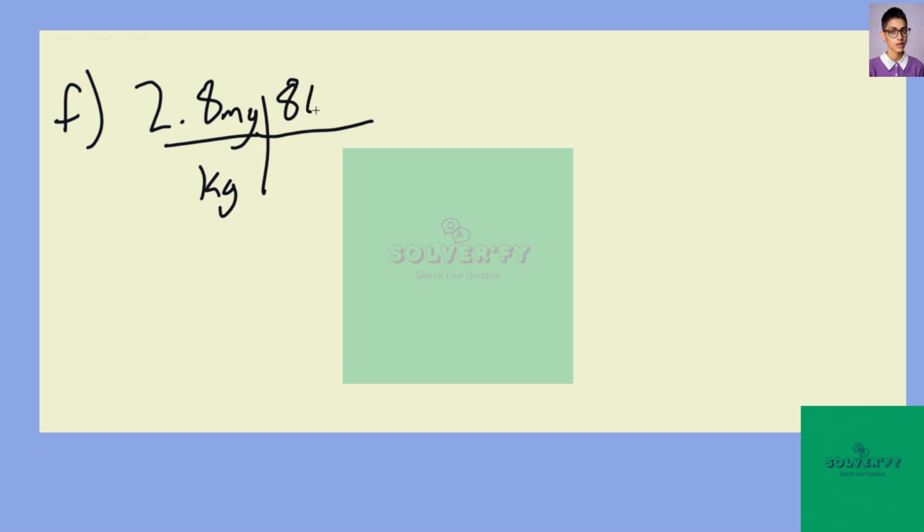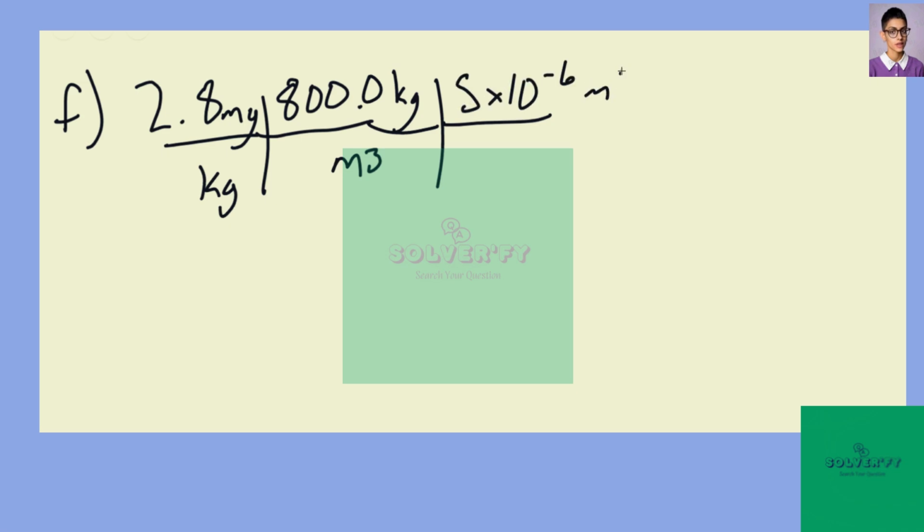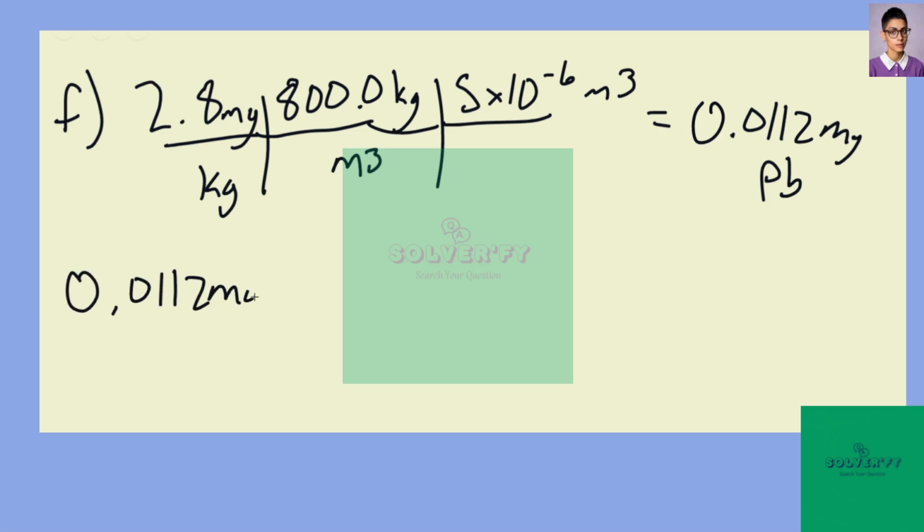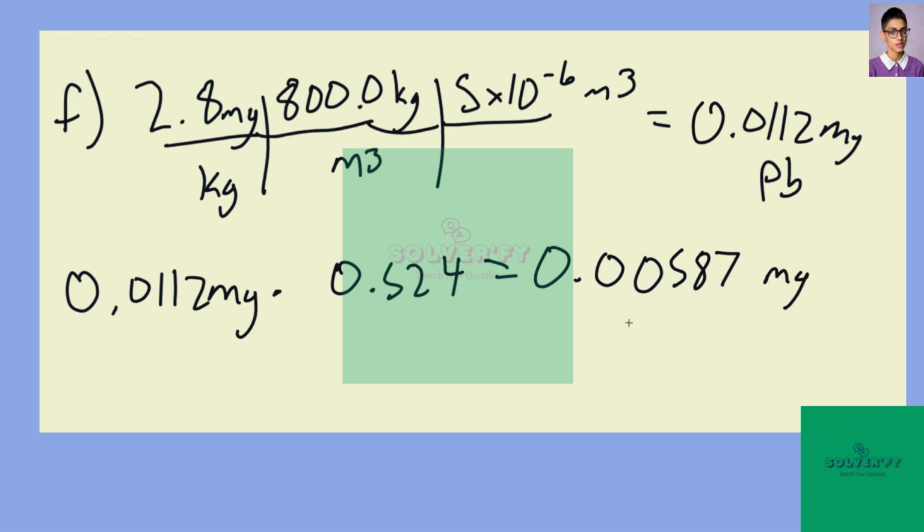We multiply by that same density and then that same volume, and we get that we have 0.0112 milligrams of lead. And now we want to find lead 208, which is 52.4% abundance. So we multiply by 0.0524, and we get that we have 0.00587 milligrams of lead 208. And that's our final answer for letter F.